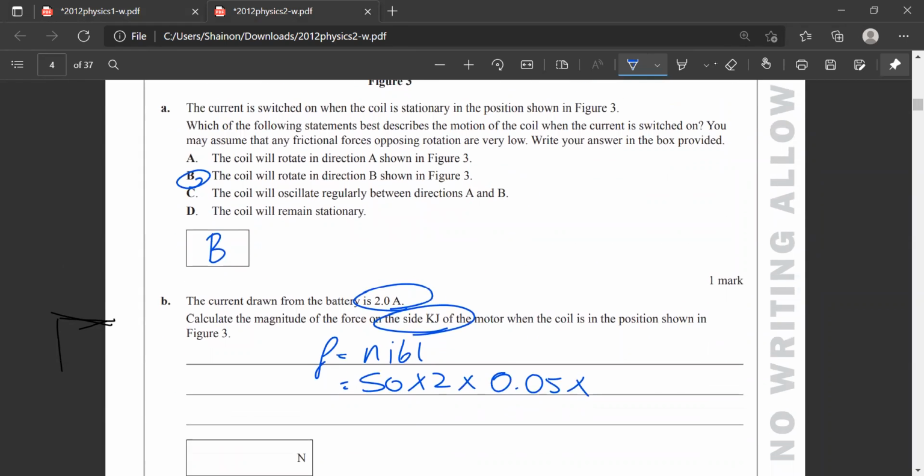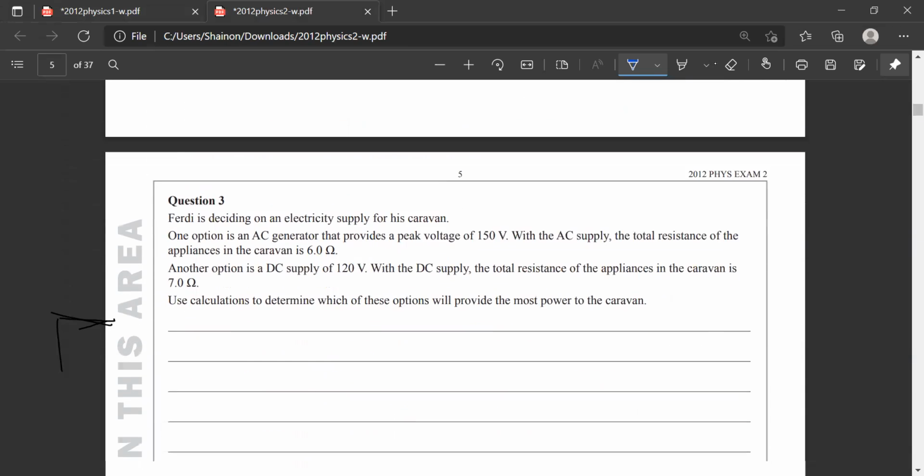The length is 0.06, and you should get 0.30 Newton.